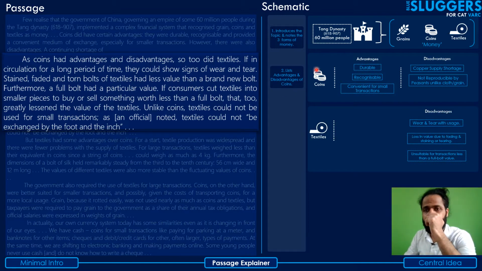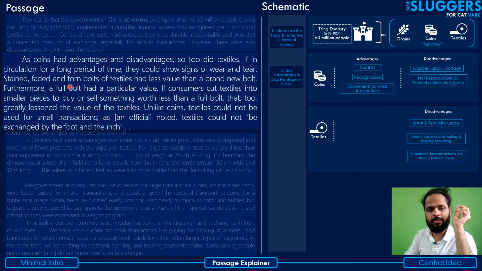So guys, in this paragraph, the author has moved on from a discussion of coins to a discussion of textiles, and he talks about the disadvantages of textiles here. The first one being that they are vulnerable to wear and tear, and once they get stained, faded, or torn, the bolt of cloth loses its original value by a drastic quantum.